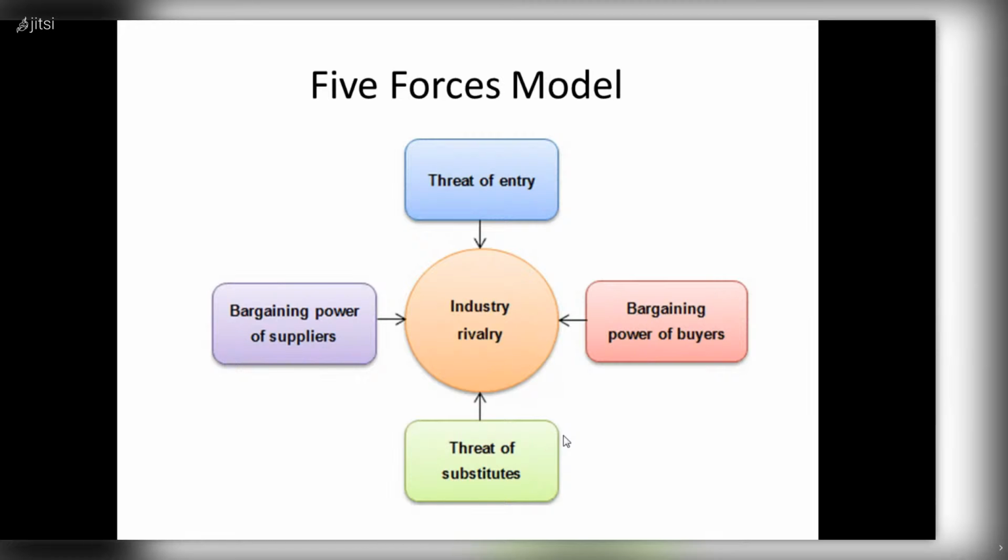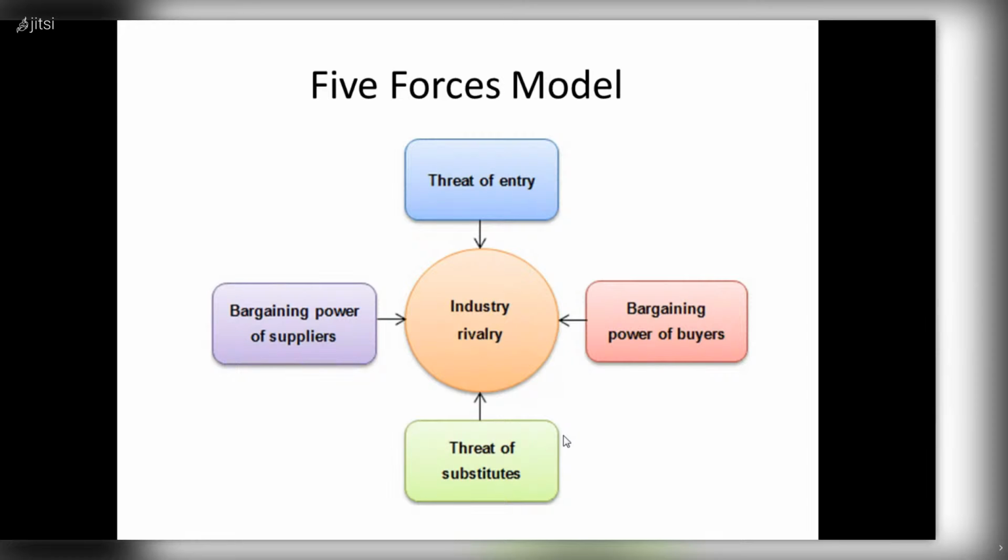How do we use this particular tool? It is a framework used to analyze an industry's competitive forces. So how are you going to use this model while studying an organization, or especially while studying an industry?